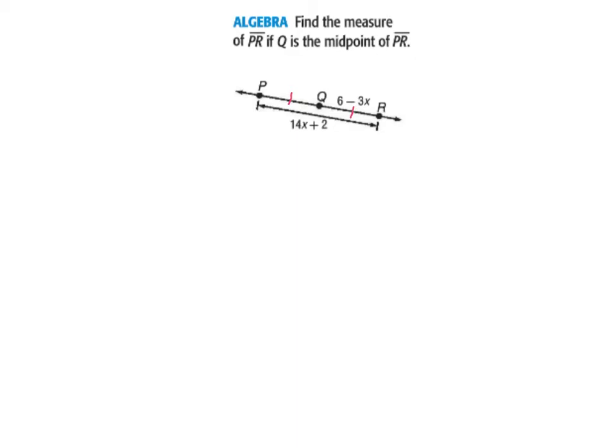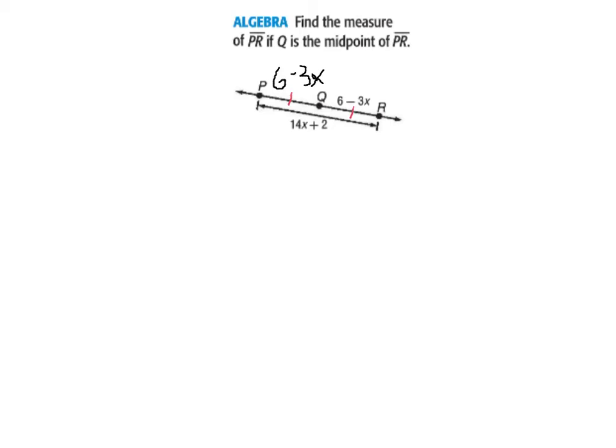And then I'm given also an expression that gives me the length from Q to R. Well, since this segment is congruent to this segment, I can just repeat that here. This is 6 minus 3x as well. They're the same. So all I need to do is copy that there.